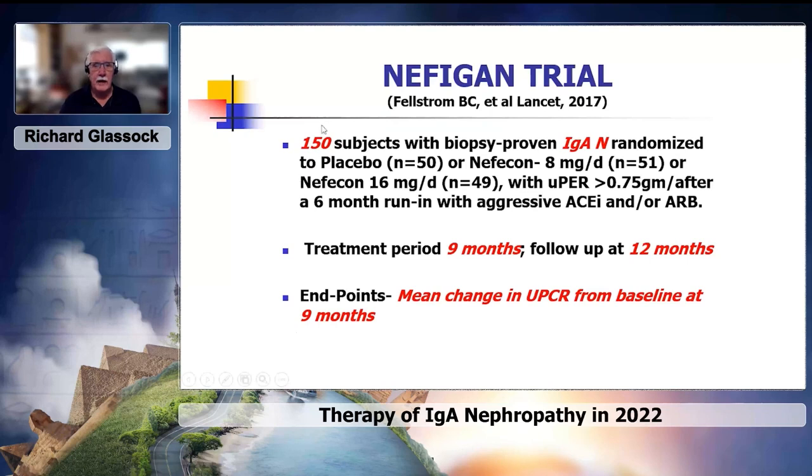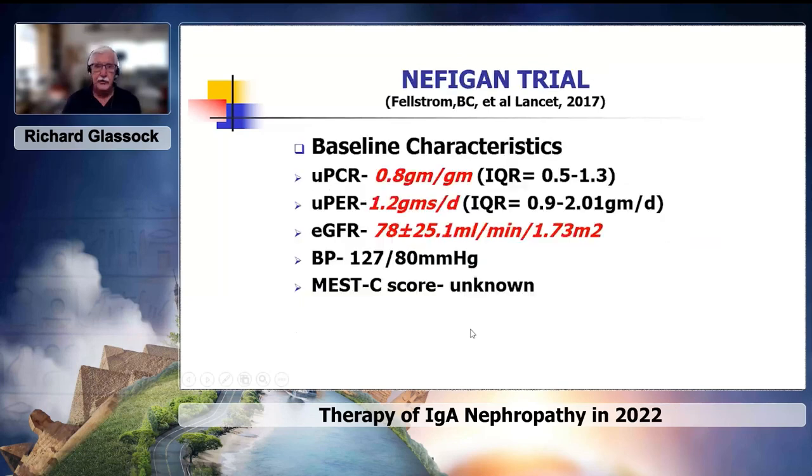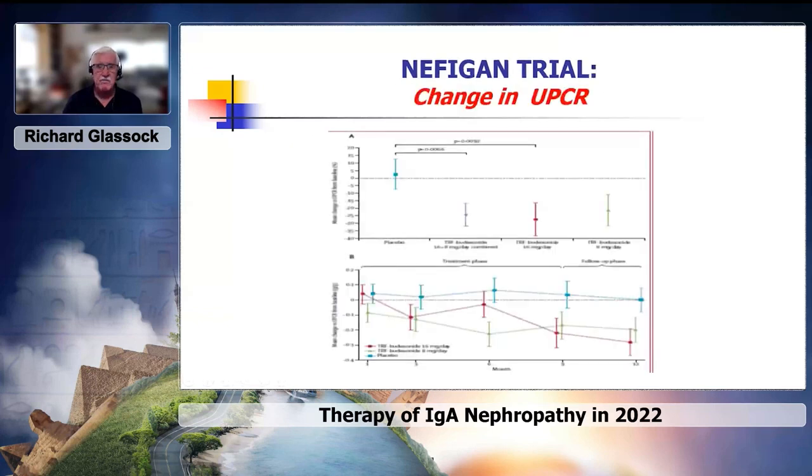The phase 2 trial had 150 subjects treated for 9 months and then followed 12 months. And the main primary endpoint was a reduction in proteinuria. These patients had relatively mild disease, fairly similar to that seen in the STOP IgAN trial, and the MEST C-score was unknown.